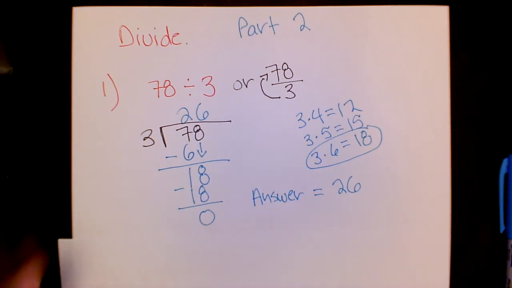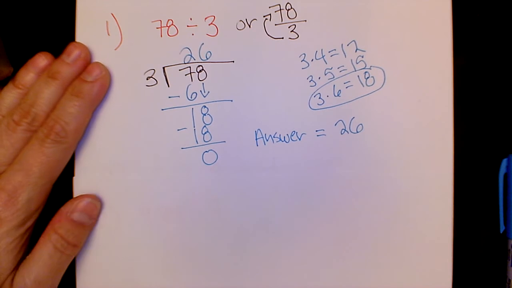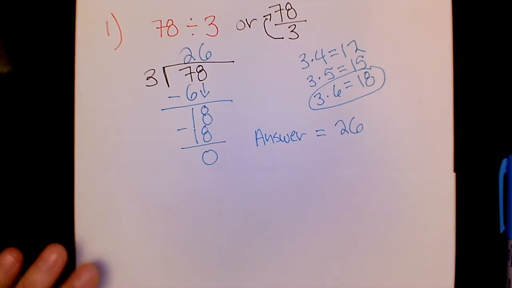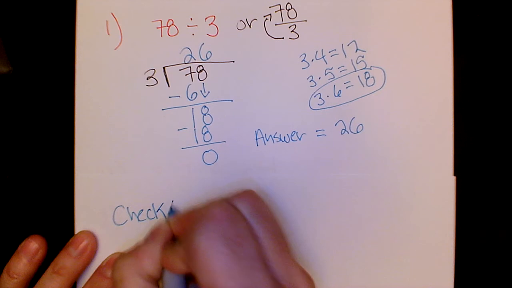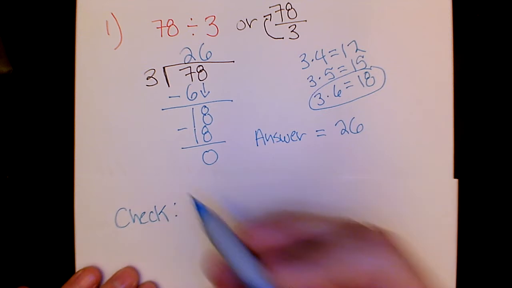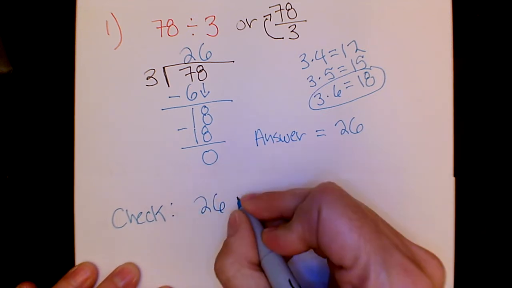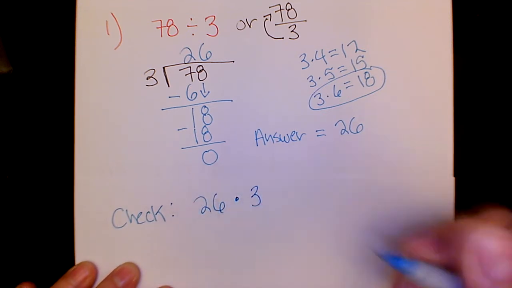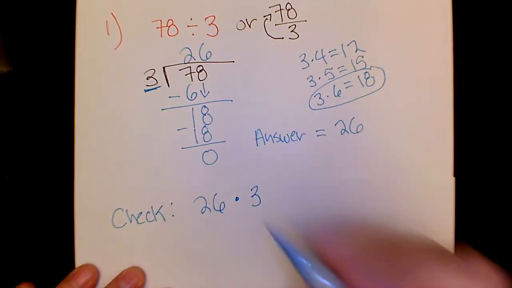I'm going to do a check on that to make sure that that's right. So remember what we do to check. We always do the opposite. So we're dividing. We want to check a division problem. We're going to multiply. So remember, we're going to take our answer times our divisor.